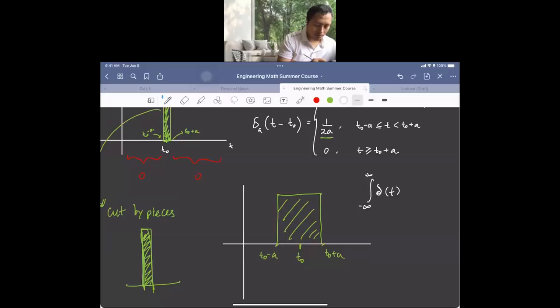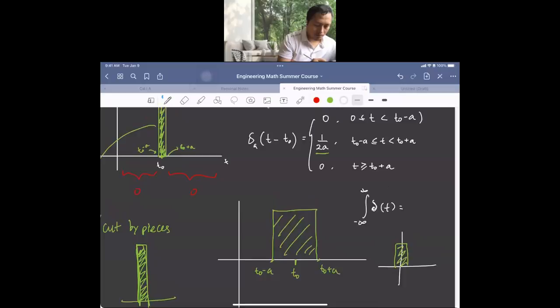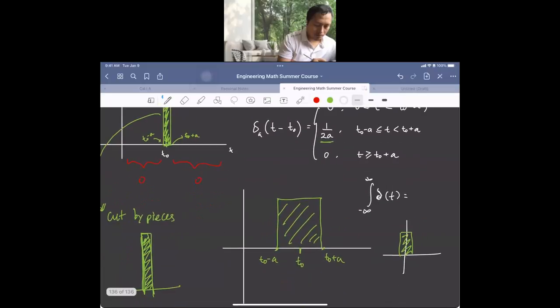Let's say we make the delta t precisely on the 0, like this, just to give you an idea, and we can connect to our formulation here.